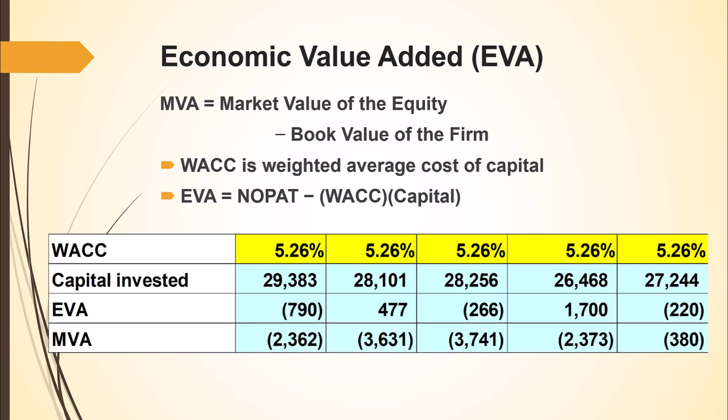When we look at Molson Coors, we find some challenges. Number one, their market value added is negative, which means they do not have a market value greater than their accounting value. This is very important for investors.